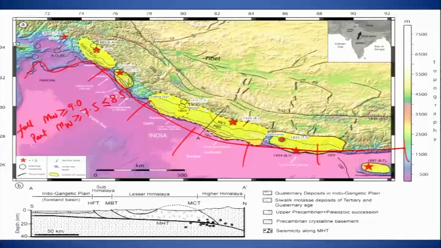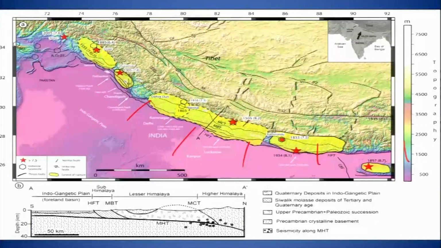This is what we have inferred from one of our papers, where we have compiled the complete geological data available from recent investigations. These are a few important things which also play an important role in seismic hazard assessment.